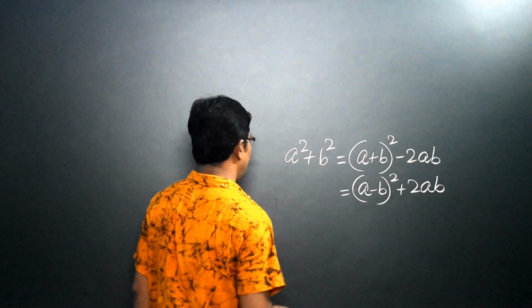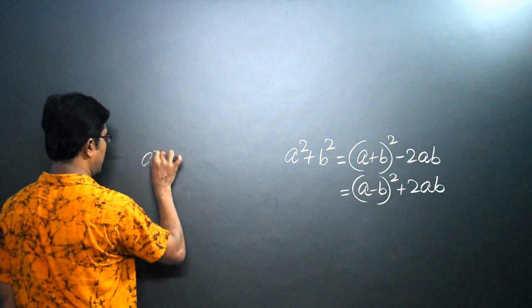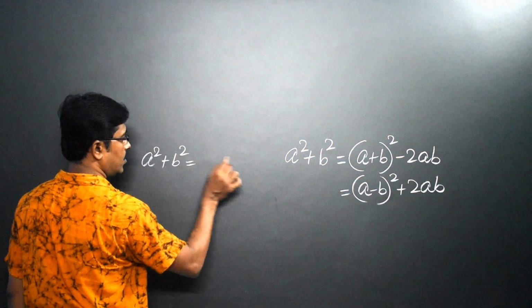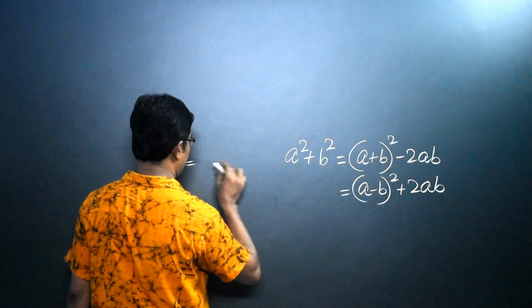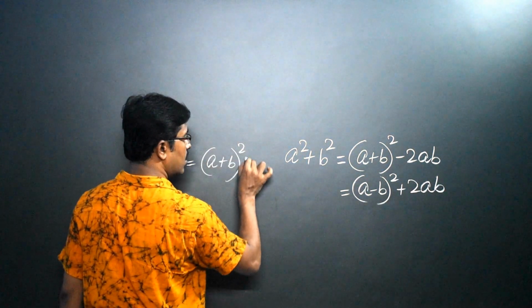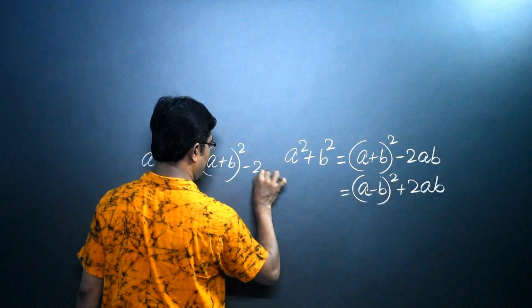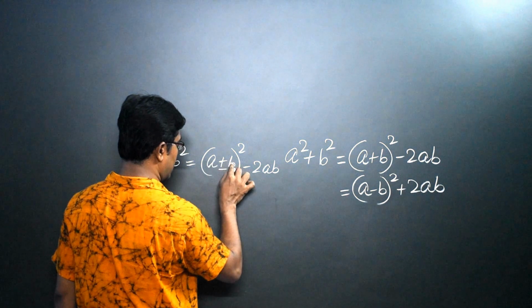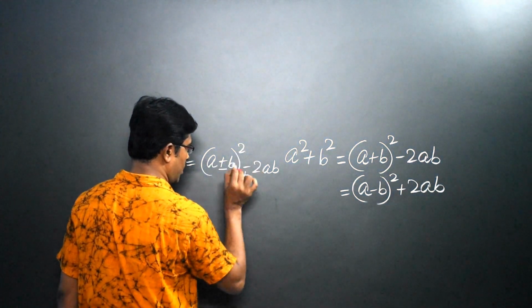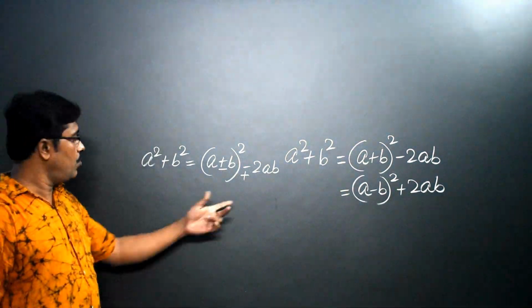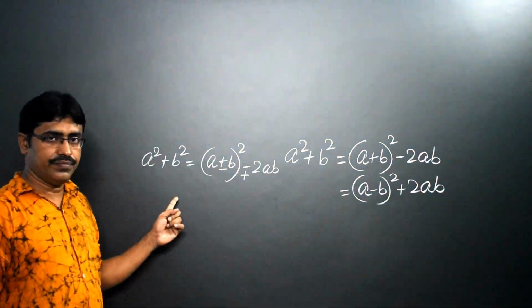These two forms can be written together as a plus minus b whole square minus plus 2ab. Sometimes we write them like this.